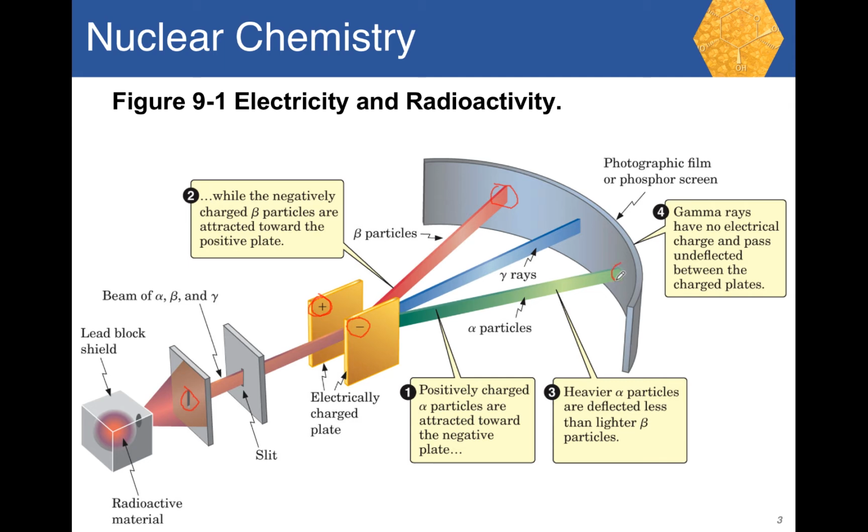He also observed way over here that it was bent, and there were some particles that were bent towards the negative electrode. So he concluded those have to be positive because at that time they knew that opposites attract. And then he observed that there were some particles that went right through. It did not attract to any of the electrodes, just passed right through.